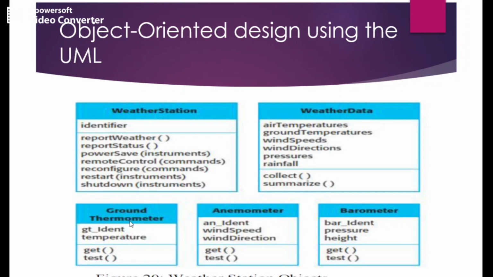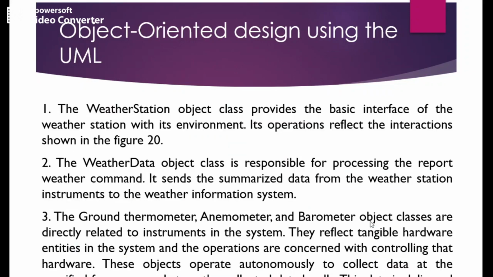One is ground thermometer, another is anemometer, and the last is barometer. These object classes are directly related to the instruments you are going to use in the system. They reflect tangible hardware entities in the system, and the operations are concerned with controlling that hardware or equipment.